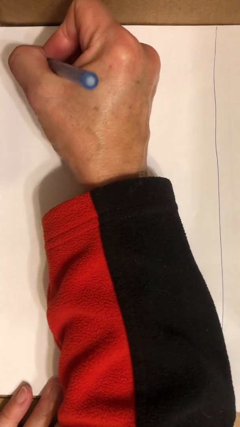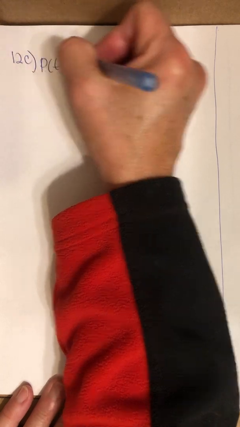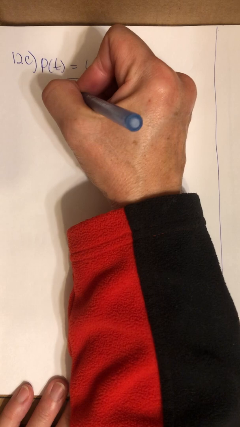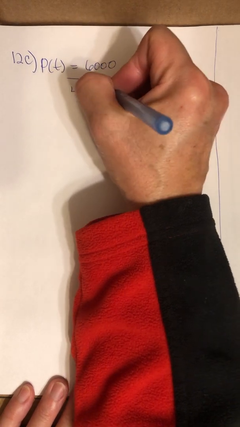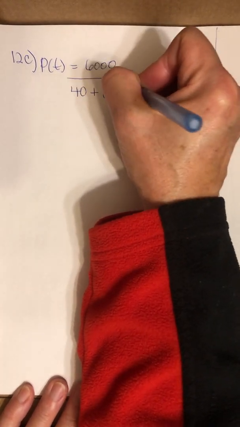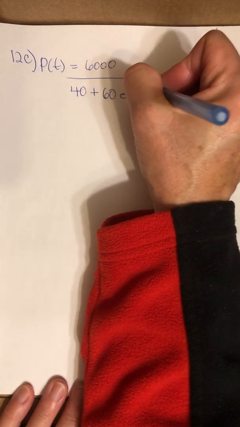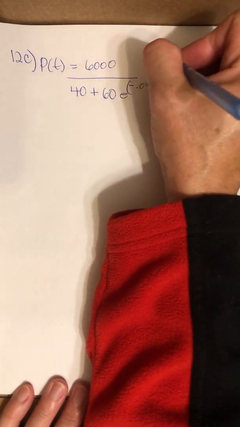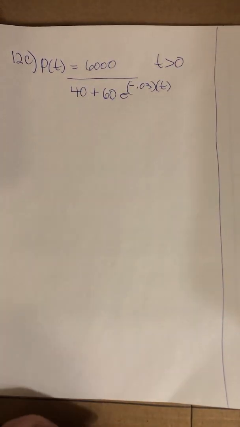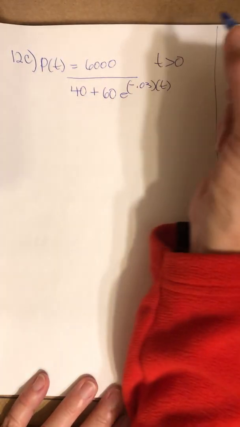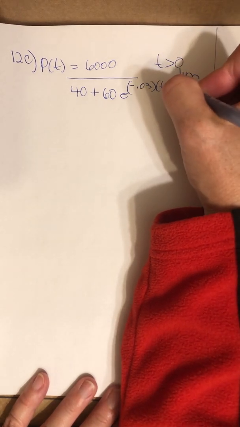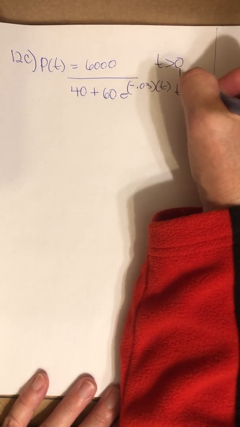The population on an island is modeled by 6,000 divided by 40 plus 60 times e to the -0.03 times the time, where the time is greater than 0. And they are asking you, what is the limit of this function as t approaches infinity?